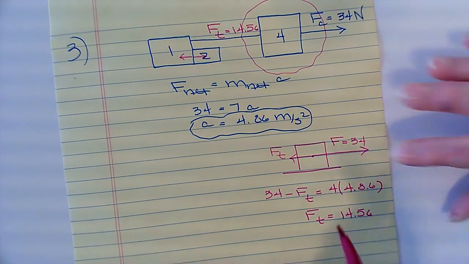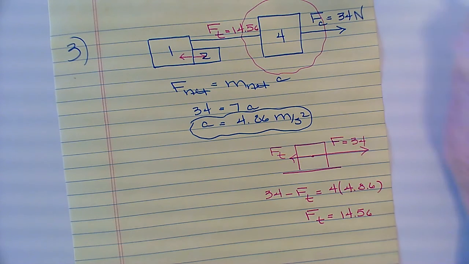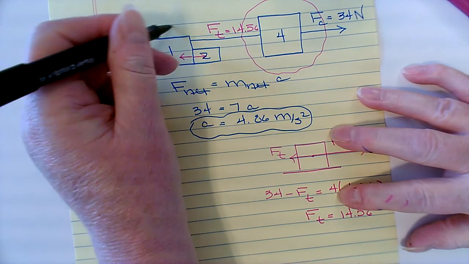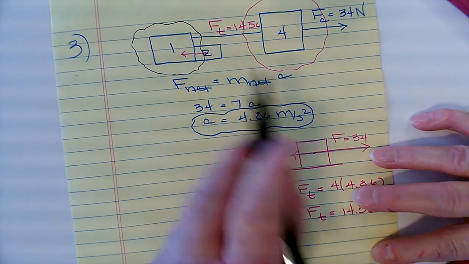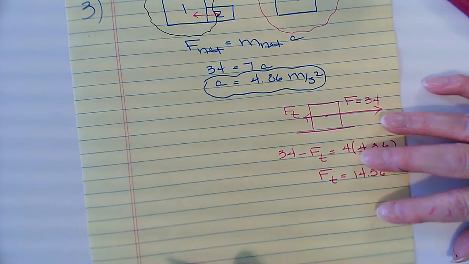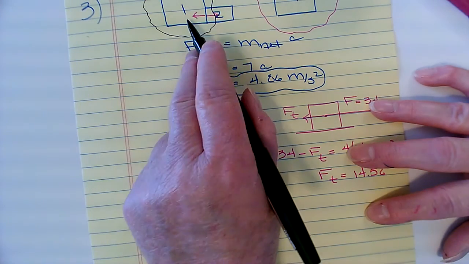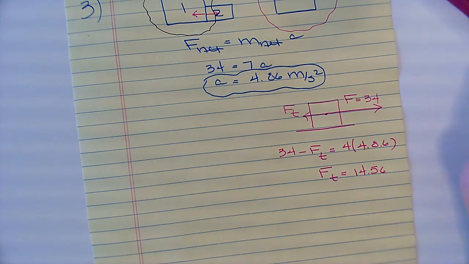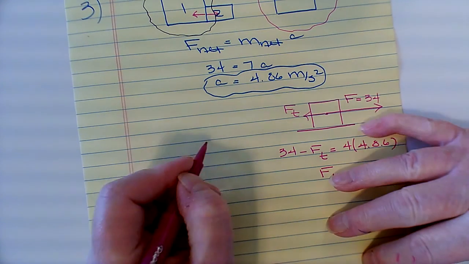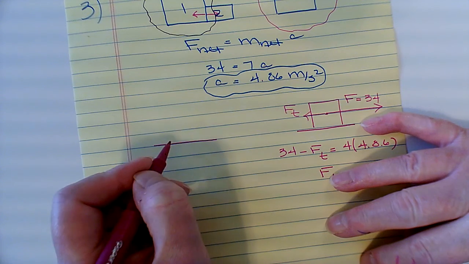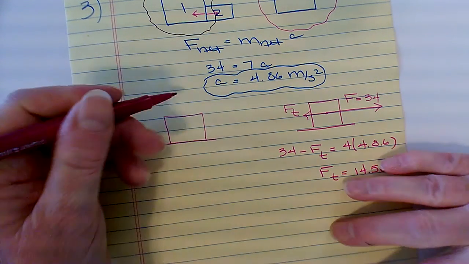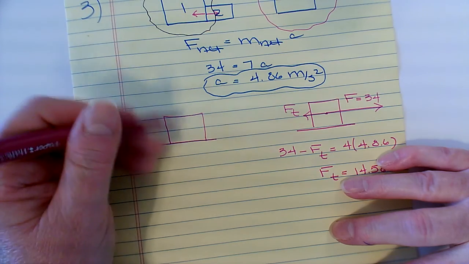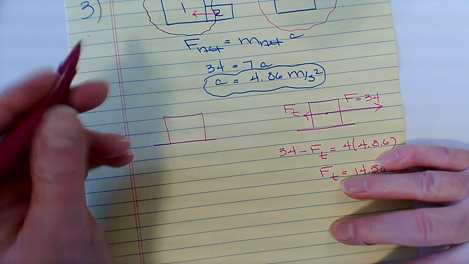And now I'm going to try to figure out the force that is exerted between the 1 and the 2 block here. So I'm going to draw a free body diagram of the 1 block. I'm going to pick the 1 block because I know some things about it. It has some F_W, it has some F_N that I don't care about so much.